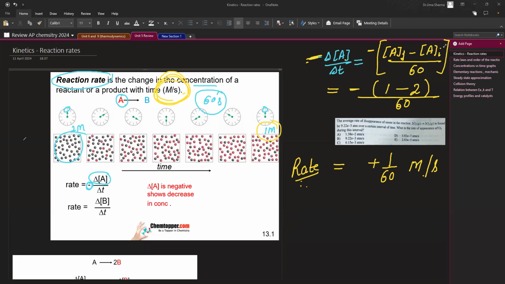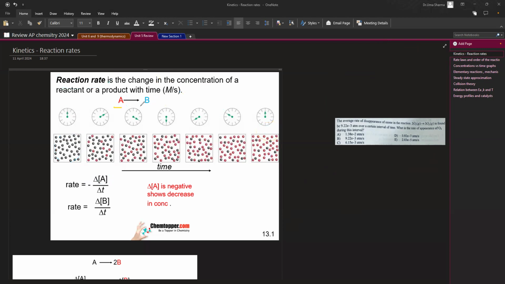Okay. Now let's have a look at this particular reaction. A is going to be B. You just calculated the rate of disappearance of A. What was it? 1 over 60 molar per second. Can you tell me what is the rate of appearance of B?